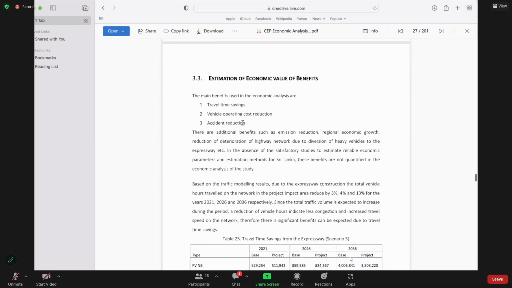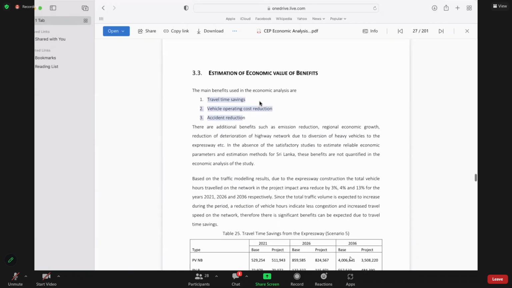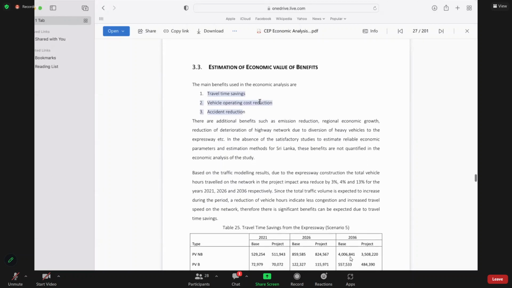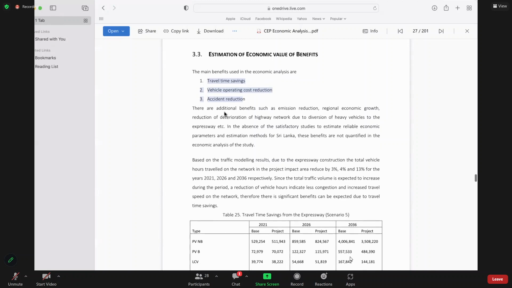So here, the main benefits that they have identified are the travel time savings, vehicle operating cost reduction, and accident reduction. There are additional benefits also, like emission reduction, regional economic growth, reduction of deterioration of highway network due to diversion of heavy vehicles to the expressway.